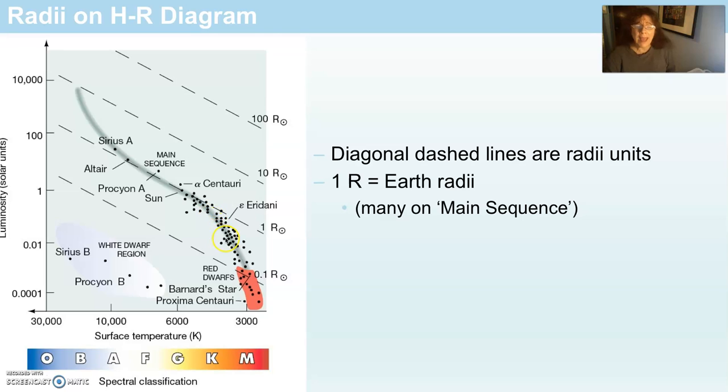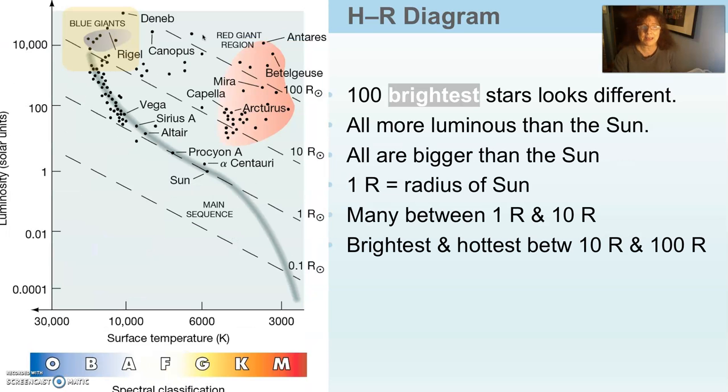And we have other dashed lines for 1/10 of the sun's radius, and 10 times the sun's radius, and 100 times the sun's radius. And sometimes some stars are 1,000 times the sun's radius as well.